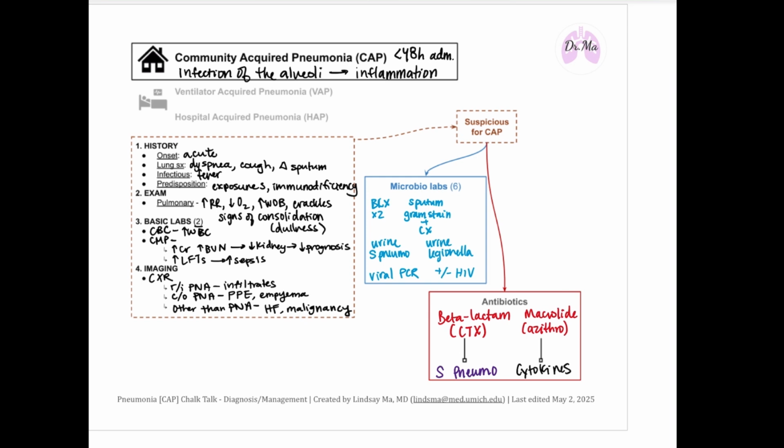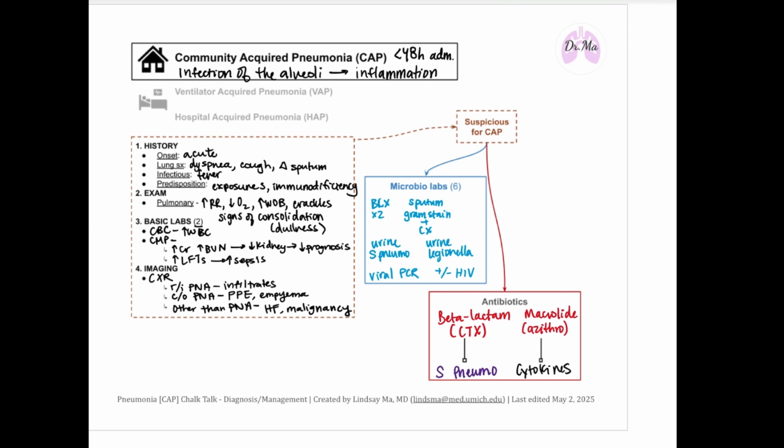History can be helpful, and they may have lung symptoms like cough and dyspnea, and perhaps even fever. It's important to assess for predispositions, and their exam can be useful but is not definitive in determining whether a patient has CAP. Basic labs should include a CBC and CMP, and imaging should include a chest X-ray.